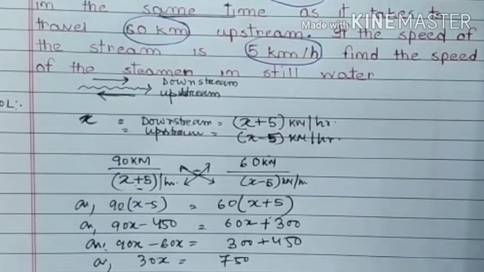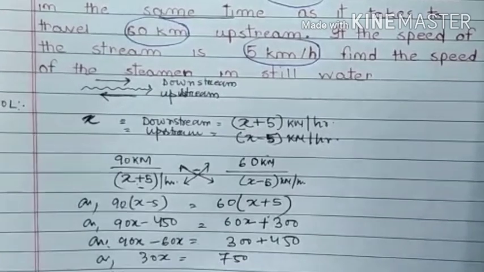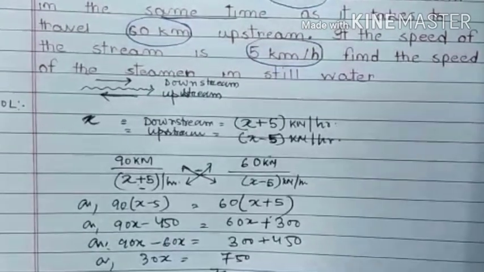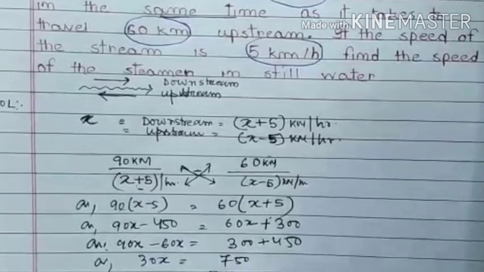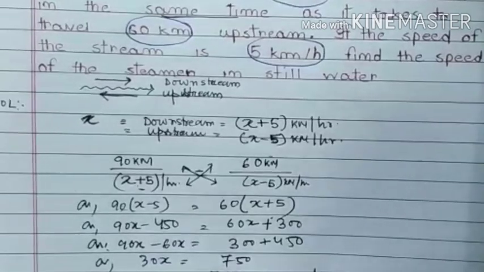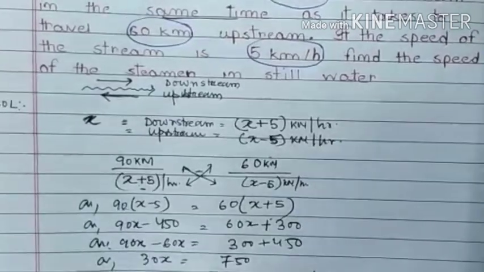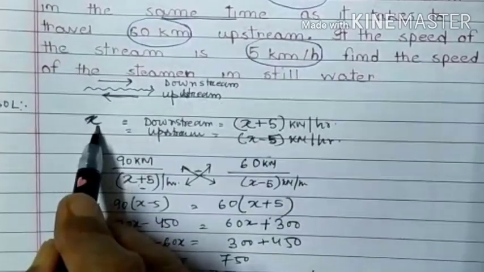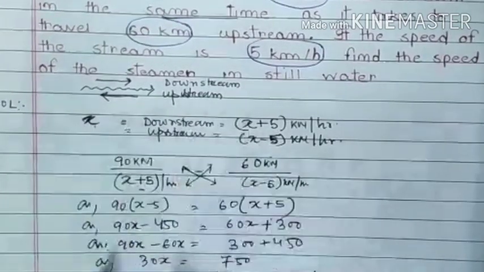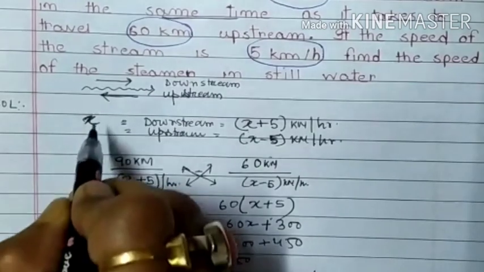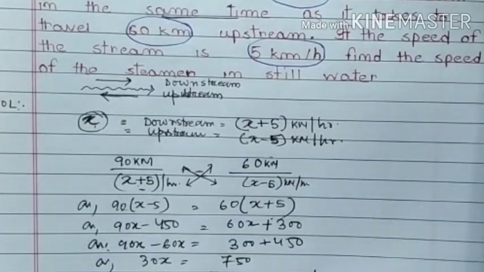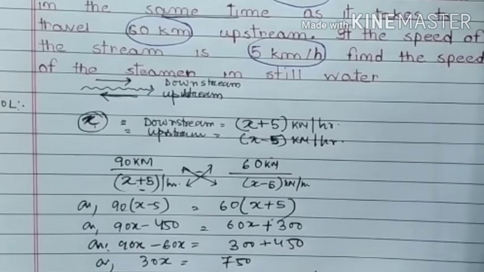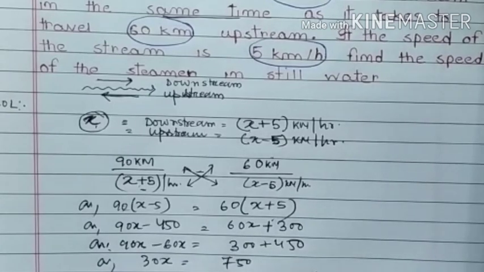Clear? x is equal to 750 by 30, which becomes 25 km per hour. We assumed x as the speed of the steamer in still water, so the speed of the steamer is 25 km per hour. Understand?